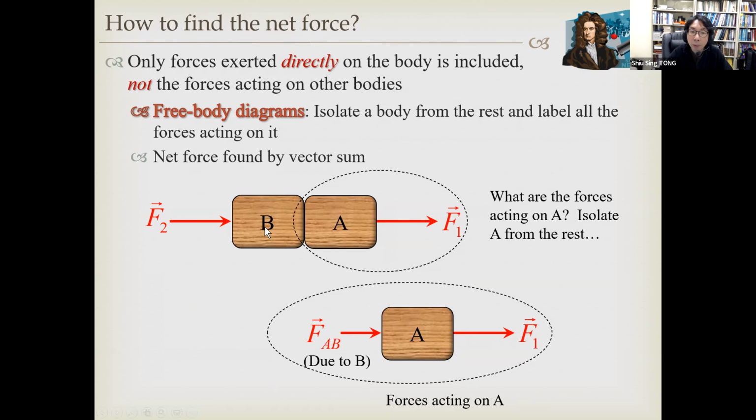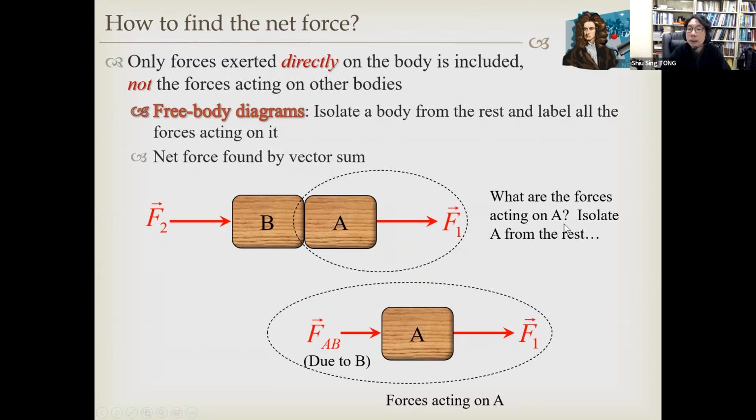Now, this is an example. Suppose we have 2 blocks interacting with each other, and I exert a force F2 on object B, and I exert a pulling force F1 on object A. If I isolate object A from the rest of the world, I can ask the question: what are the forces acting on A?